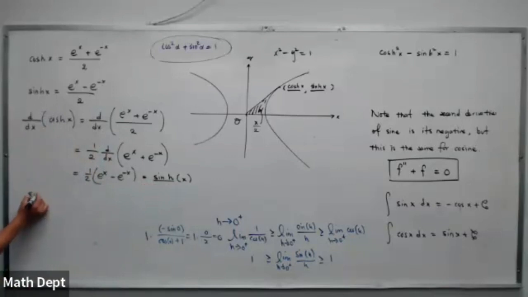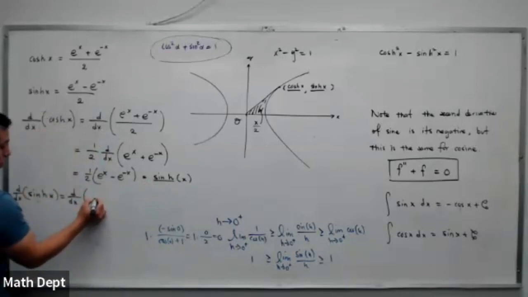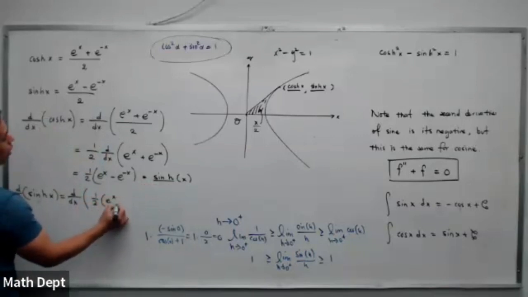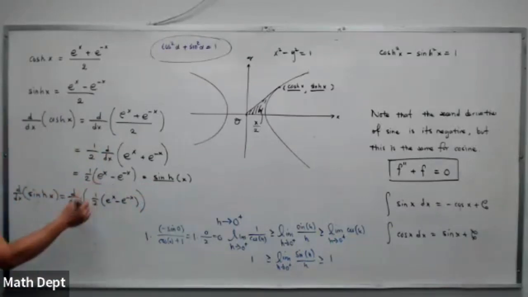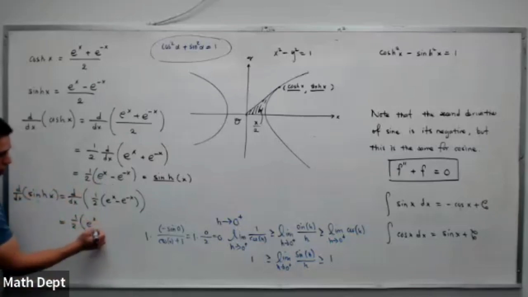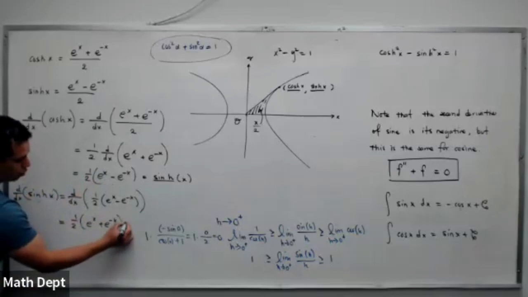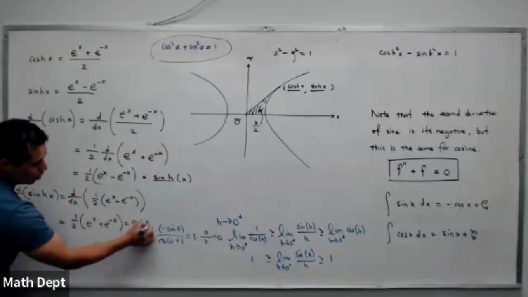Well, sine is this definition. So the derivative with respect to x of this expression, and that would be what? 1/2 of e to the x minus e to the negative x. And then you would say, well, look, this is nothing else but 1/2 of e to the x plus e to the negative x, which is nothing else but the hyperbolic cosine.